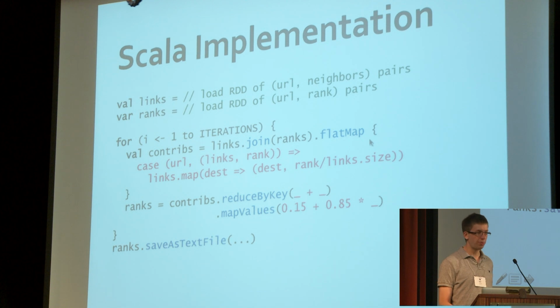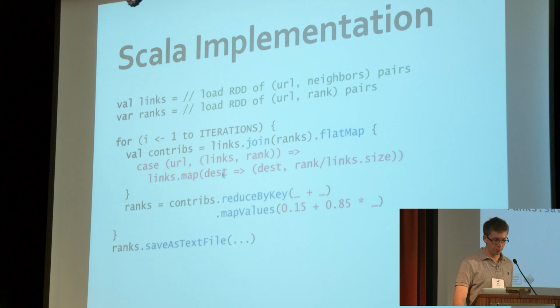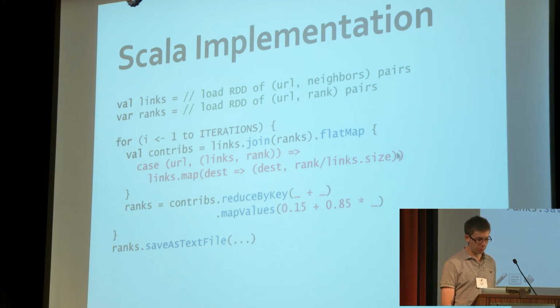And then we use flatMap, because we need to create multiple contributions. We get in a URL, a list of links and a rank, and for each link we send out a tuple where the key is the destination URL, and the value is our rank split up by the number of links. That's the formula I showed before.